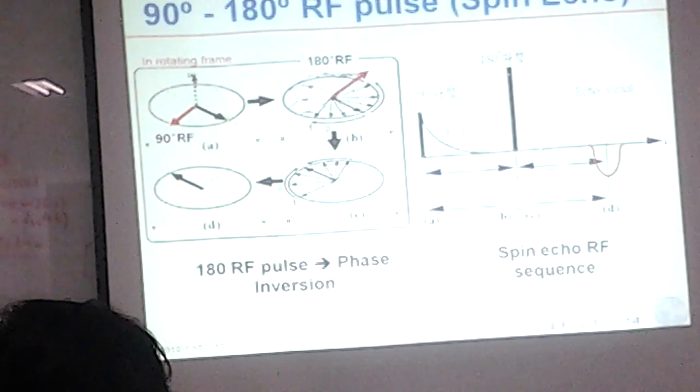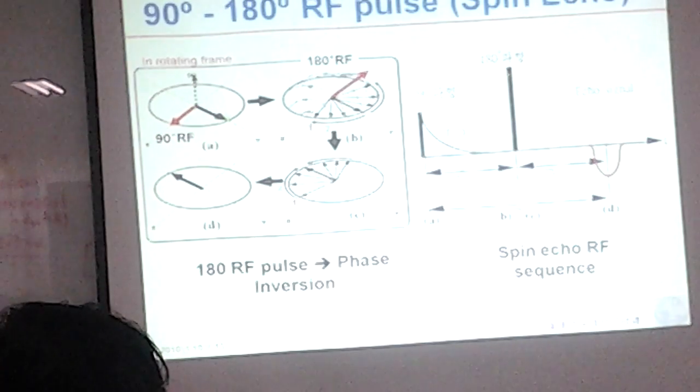And the echo signal is generated after the same time as the time interval of the 90-degree and 180-degree RF pulses.